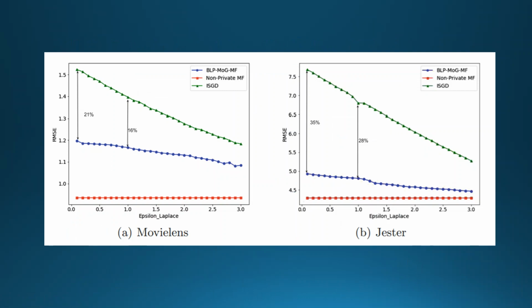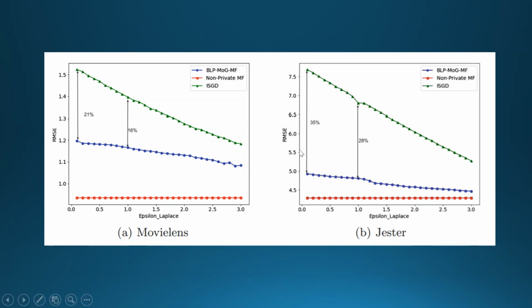The next result shows how our method performed against the ISGD method. In this experiment, we changed the privacy budget from 0 to 3 for both the Movielens and Jester datasets. As you can see, the ISGD method did not perform well compared to our method, and our proposed method continued to give higher prediction accuracy for higher values of epsilon and also for lower values of epsilon.